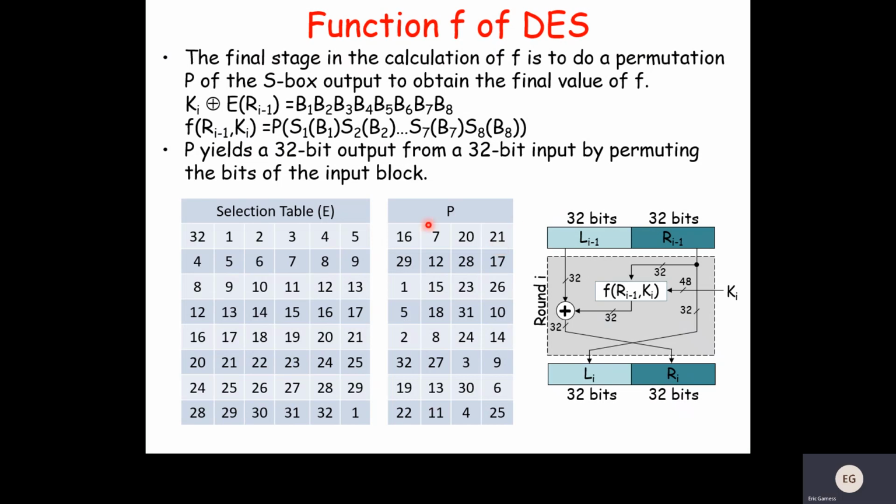Third step, I use the S-boxes. So here we can see the first step, I use the expansion table. Second step, I do a XOR. Third step, I use the S-boxes. And fourth step, I use P, which is this table, a permutation. So as you can see, it will take an entry of 32 bits and will give me an output of 32 bits.